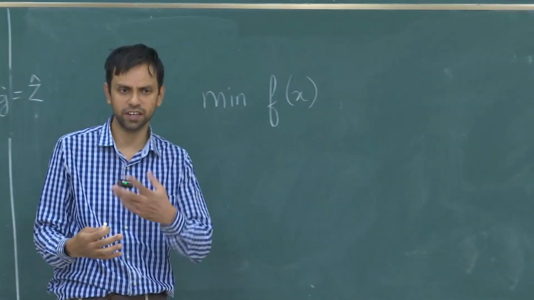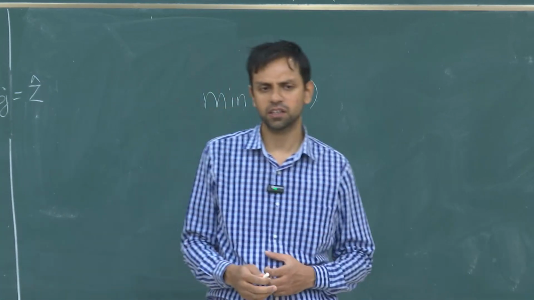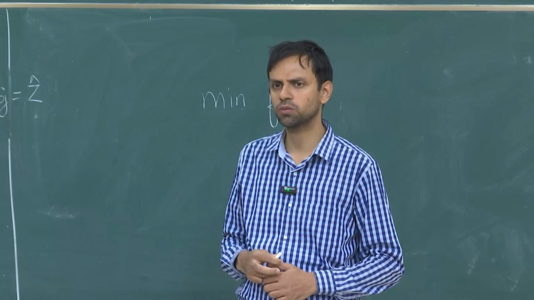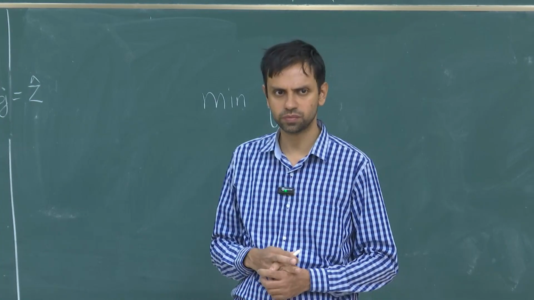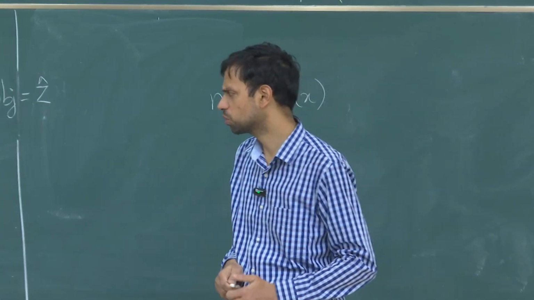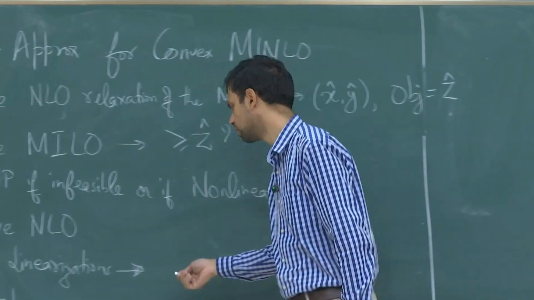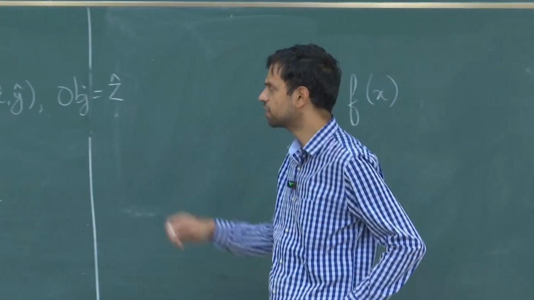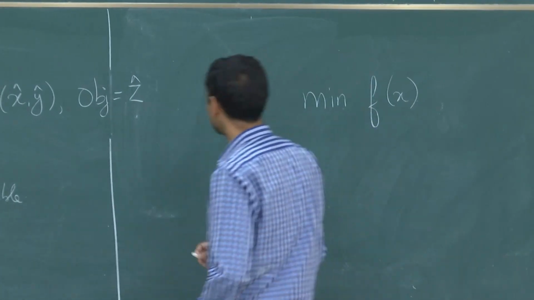Okay, so if you want a gradient at a given point, AMPL will compute it for you using techniques of automatic differentiation. Okay, so this is very, very straightforward. Okay, these methods are also called multi-tree methods.